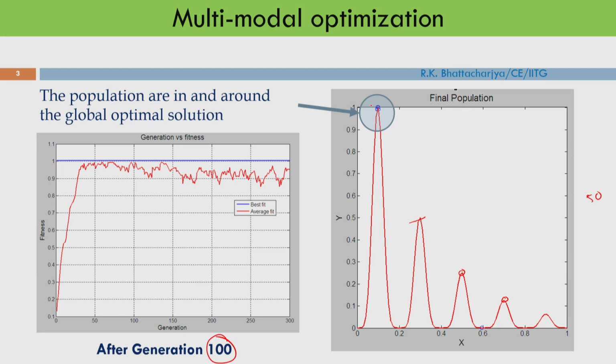If I have knowledge about the other local optimal solutions, then I can take a decision: this solution is not acceptable, but I can take another one. So if I can find all the local optimal solutions along with the global optimal solution, it will be easier for me to take a decision. Therefore, let us see if we can modify the genetic algorithm and obtain the other local optimal solutions.